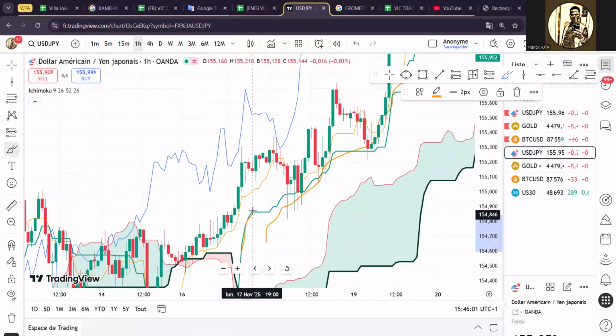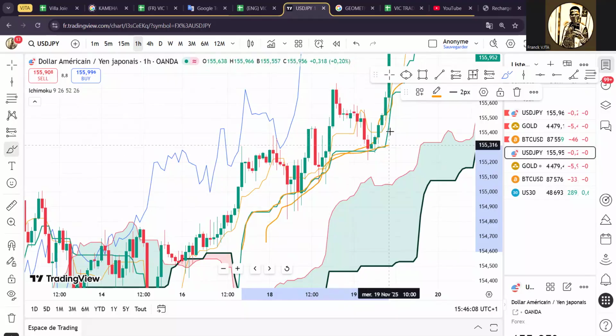You will see that Kijun rise like this, and I will draw this Kijun with a purple color.